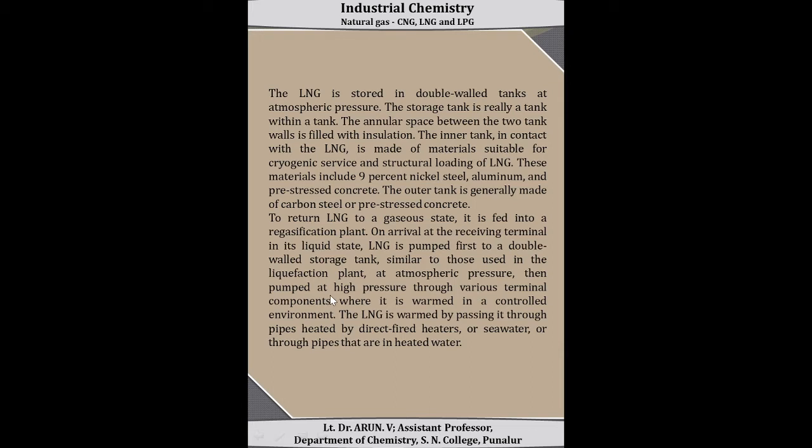Then it is pumped to high pressure through various terminal components where it is warmed in a controlled environment. The LNG is warmed by passing it through pipes heated by direct fired heaters or seawater, or through pipes that are in heated water.